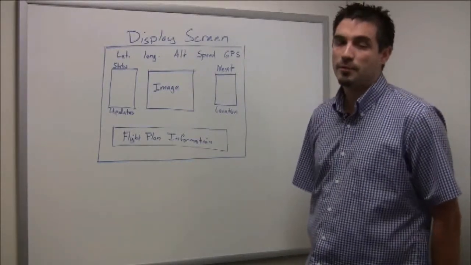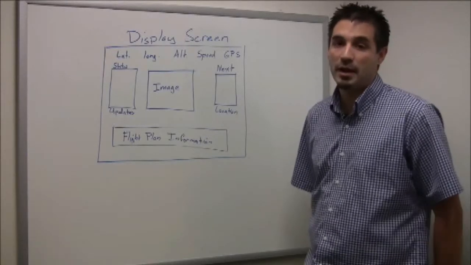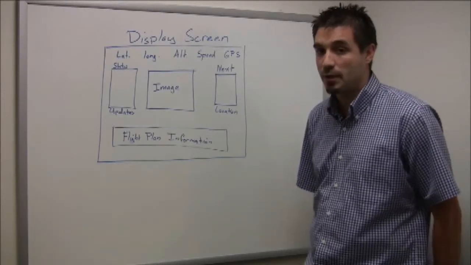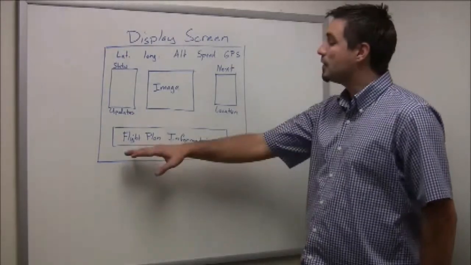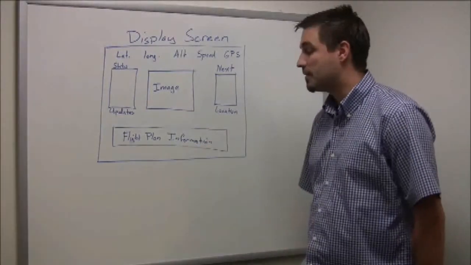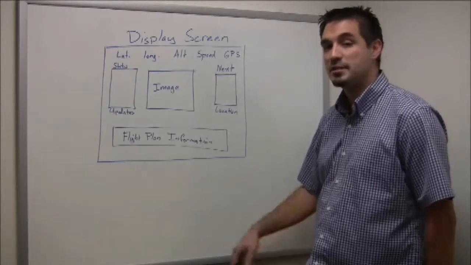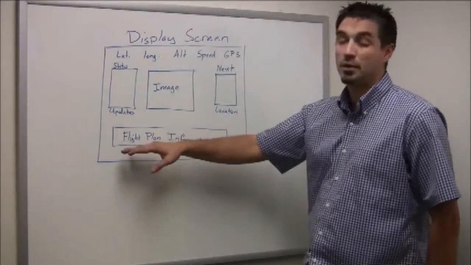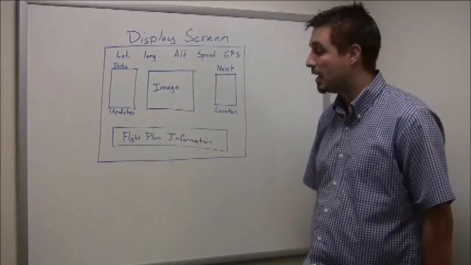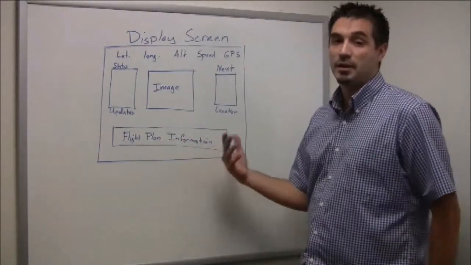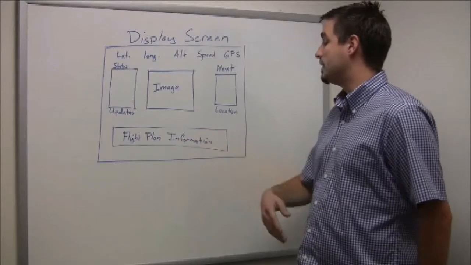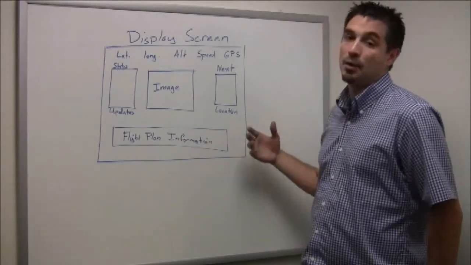This is important for the user to understand where the UAV is going and what it's planning on doing at that point. Down here on the lower portion of the screen, we have the flight plan information. So this is where the user would input the coordinate points and altitude for the flight plan. And so this is where the UAV will get all of its coordinates and where it's going and when to come back.